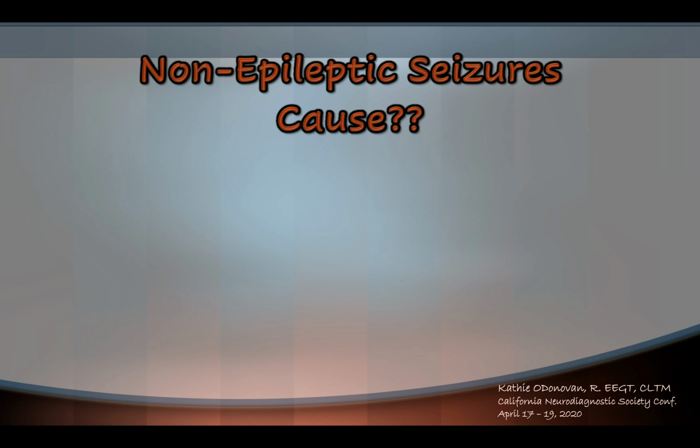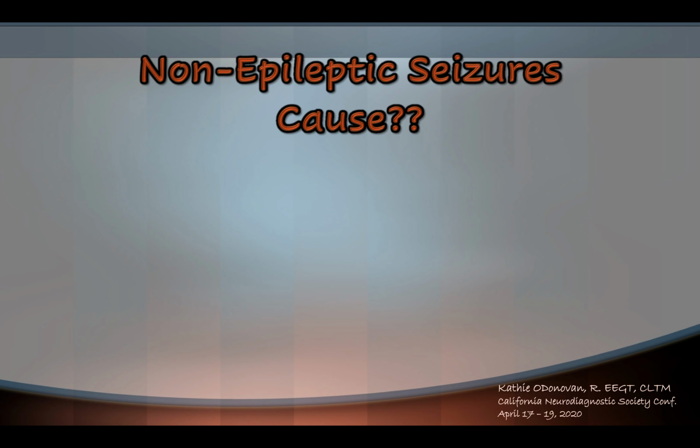When we're talking about non-epileptic seizures, these are seizures that by nature are not caused by epilepsy. Our mind usually goes to the ones that we call psychogenic non-epileptic seizures, or PNES, and that's what we think of as non-epileptic. But there are actually a lot of things that will cause seizures that are not epileptic.